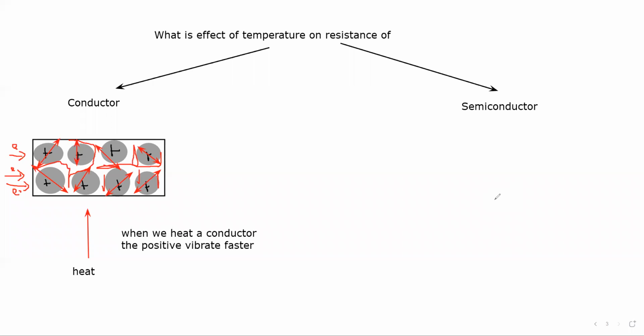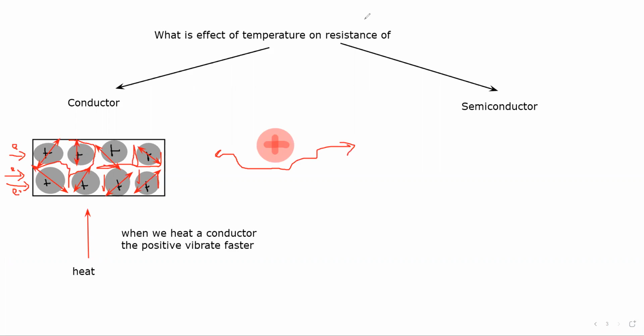So the correct answer is they find it difficult to move. Why do the electrons find it difficult to move? Because in the beginning, for example, if I say this was a positive ion, this positive ion was vibrating but not vibrating too fast, so the electron can move easily around it and flow.